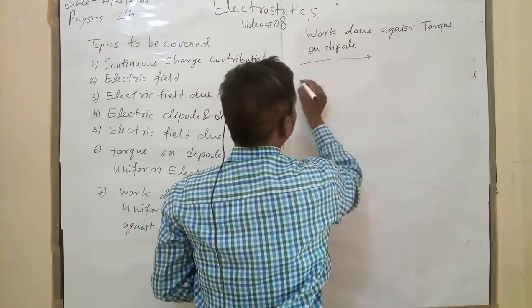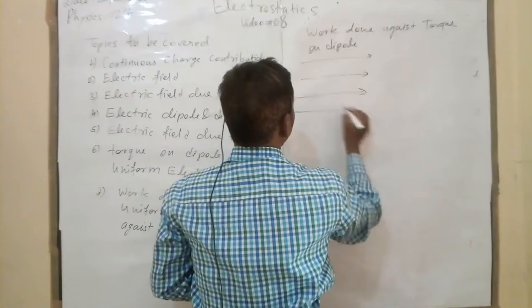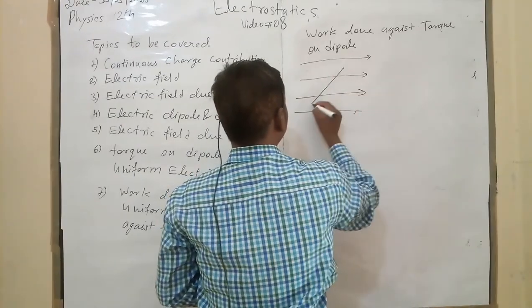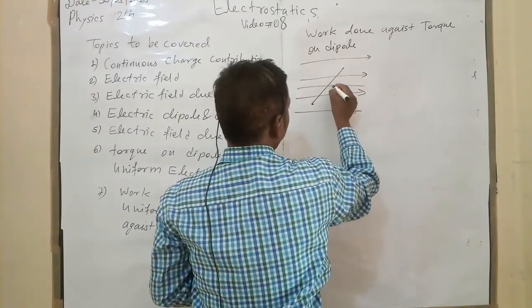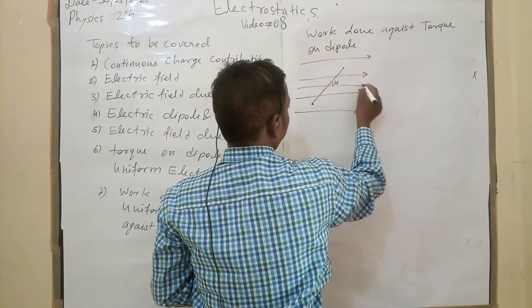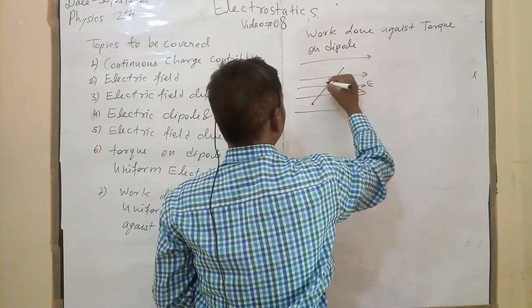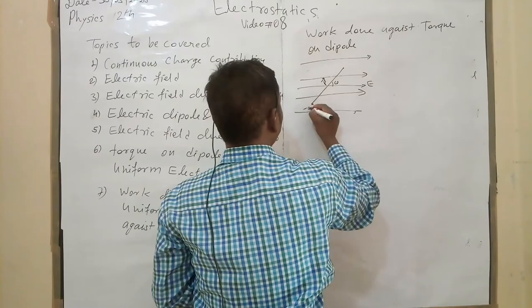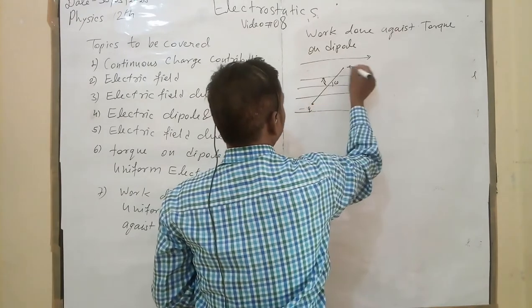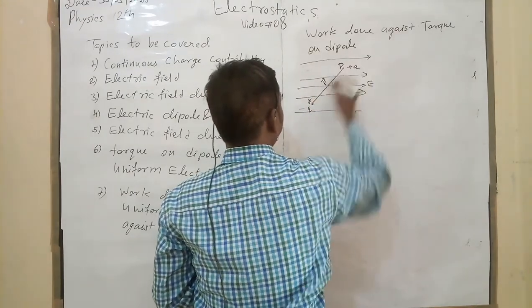Suppose there is a uniform electric field and there is a dipole which is at angle theta from the electric field, that is p, minus q, and that is plus q, that is AB.